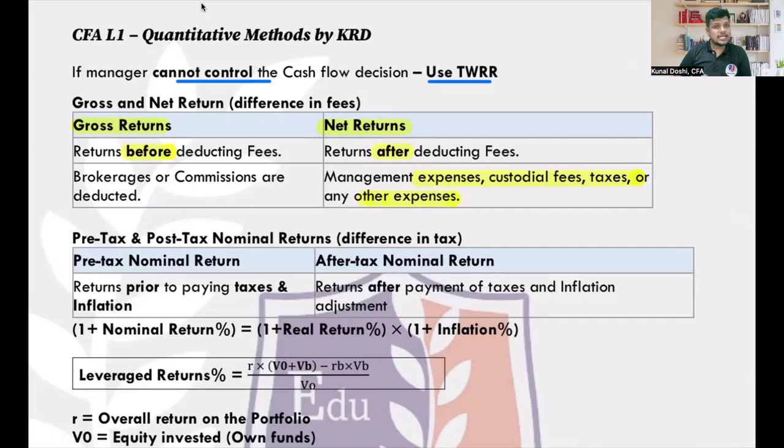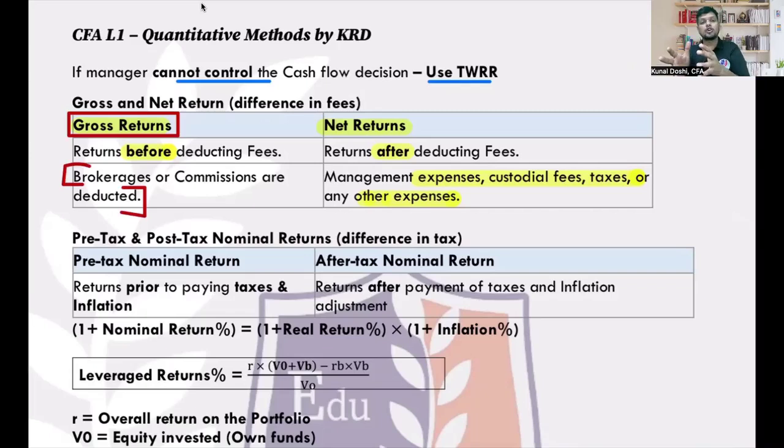So when I say gross returns and net returns, the difference between them is fees. These fees don't include brokerage and commission, because brokerage and commissions are already deducted before calculating gross returns. Got it?